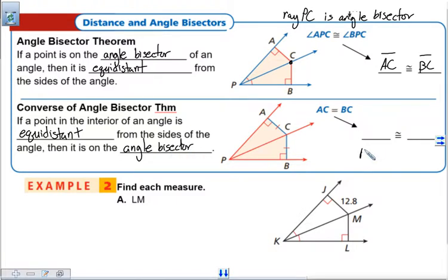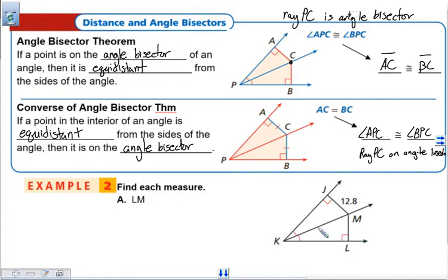Making ray PC again an angle bisector. Which means that angle APC is congruent to angle BPC. The two smaller angles would be congruent because of this.